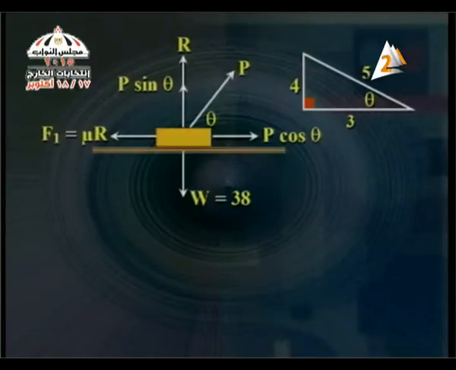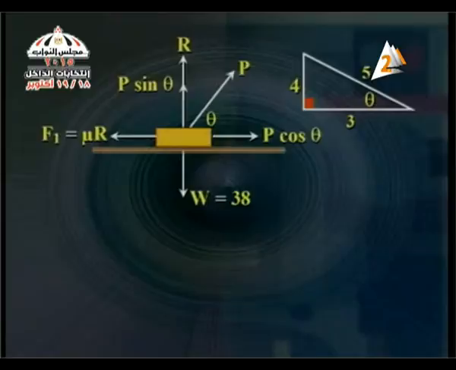But P, which is inclined to the horizontal by an angle theta, is resolved into two perpendicular components, P sine theta and P cosine theta, and to the left on the horizontal plane we write F1, which is equal to mu R.